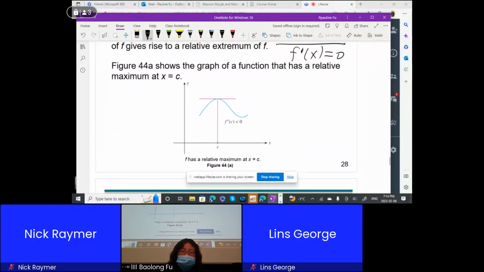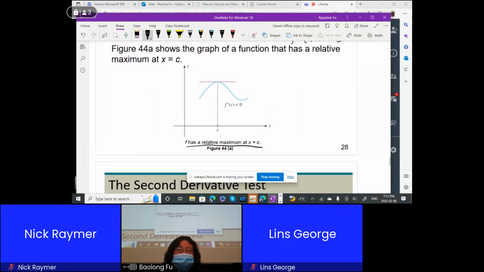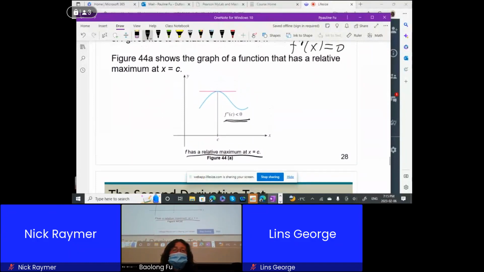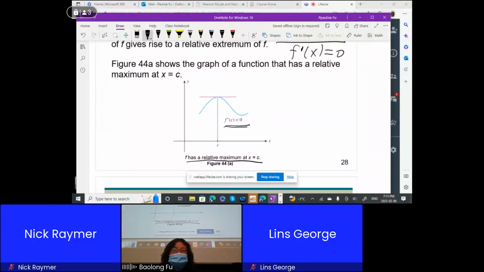This graph shows that f has a relative maximum at x equal to c. Why? Because the second derivative is smaller than 0. The second derivative is a negative number.